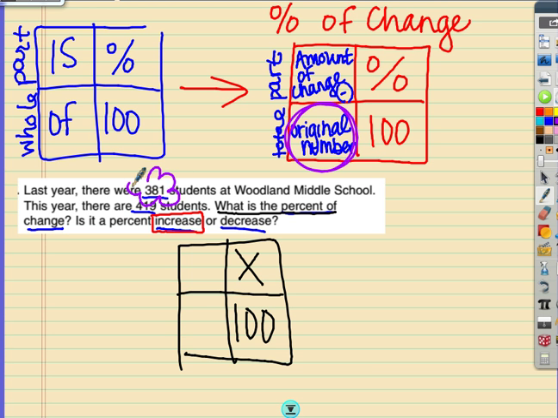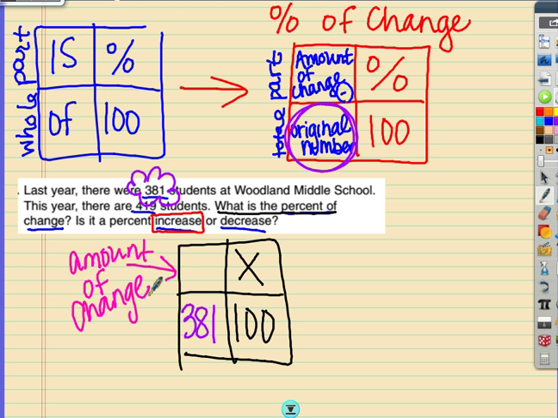There were 381 students at Woodland Middle School, so the original value is 381. This is the only difference now with percent of change. For this value right here, I need to find the amount of change, how many students it changed by.